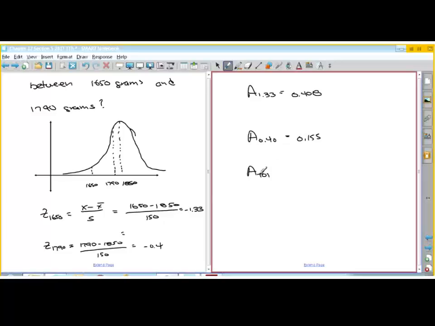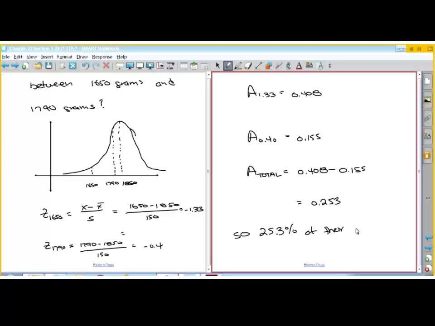So the net area, I'll just say total area that we're interested in, is going to be the larger number minus the smaller number, because they're on the same side of the mean. So we're going to subtract them. And we get 0.253.